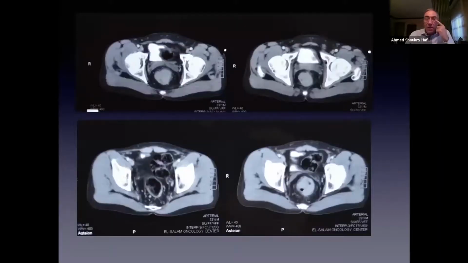This is the available CT scan from the peripheral hospital that was done pre-neoadjuvant treatment, and it shows the lesion at the level of the seminal vesicle and spanning until the prostate.